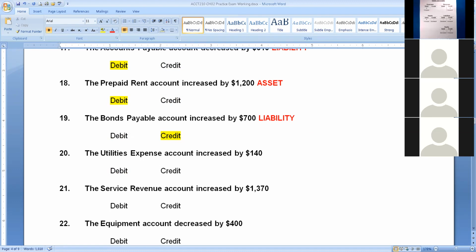Okay, 20, the utilities expense account increased by 140. Expenses are always, unless there's an error or something, going to be debits. So anytime you see expense, it could be that there's an error, but expenses are always debits.